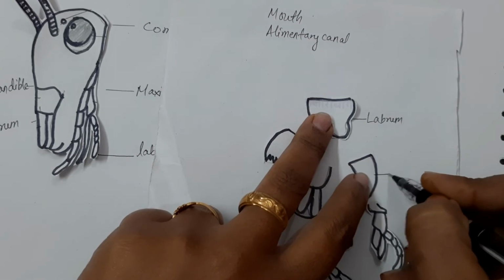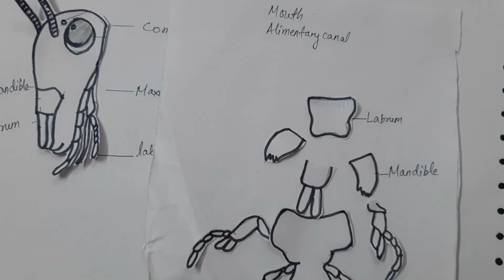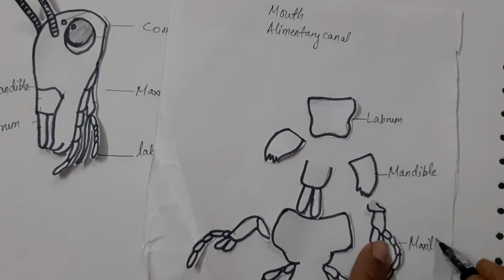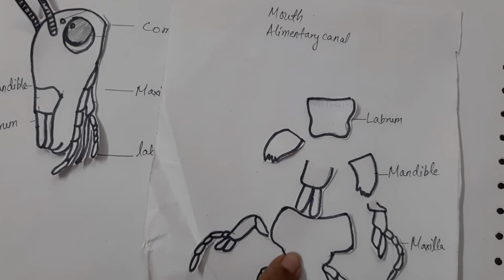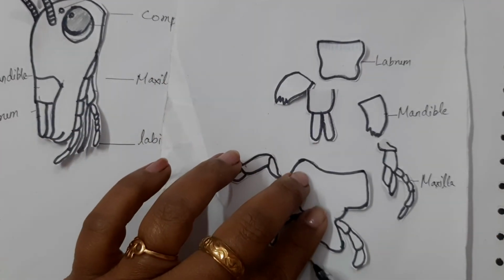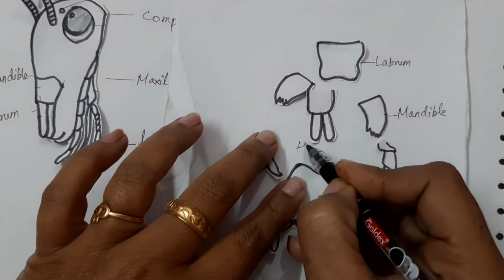These are the mandibles. These two are maxilla. This one is the labium. Hypopharynx.